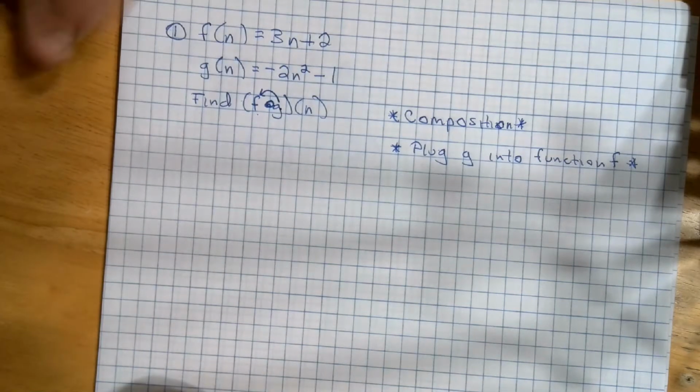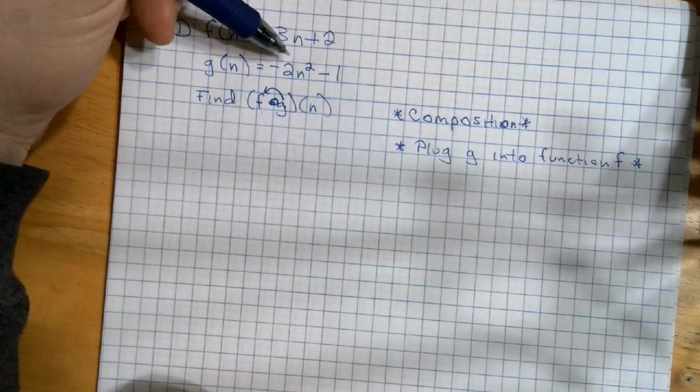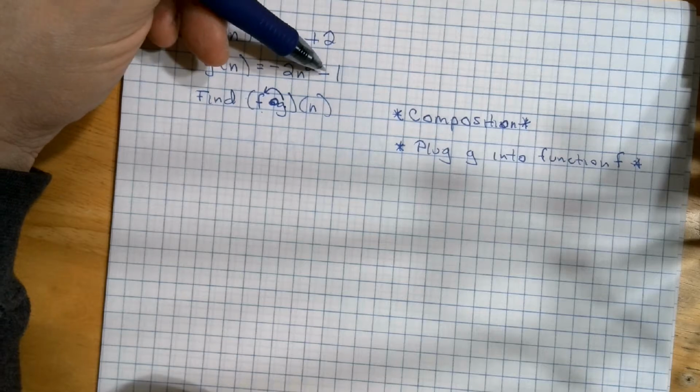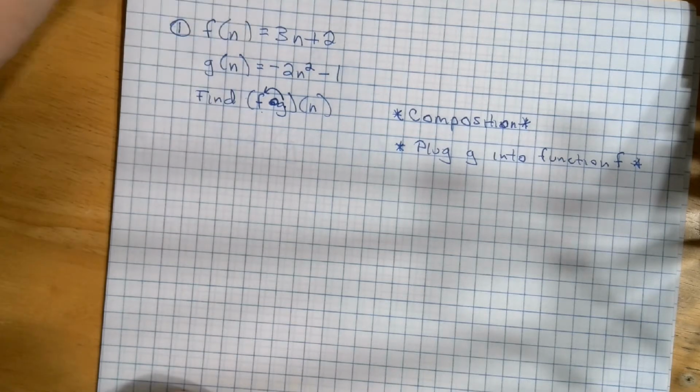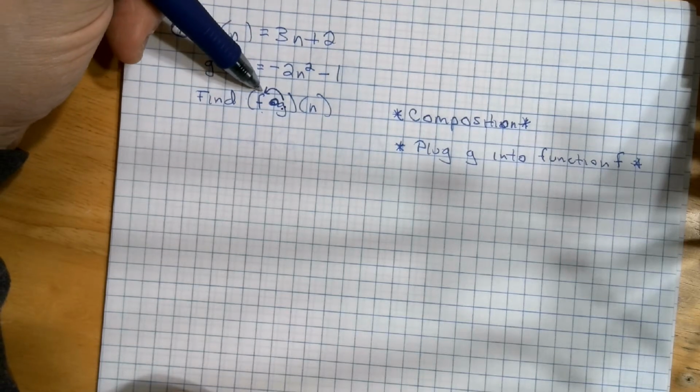And so in function f, wherever I have an n, I'm going to substitute negative 2n squared minus 1. All right, so all composition is, is a substitution. You take the second function or second equation and substitute it into the first one.